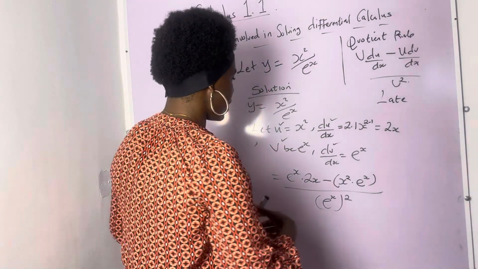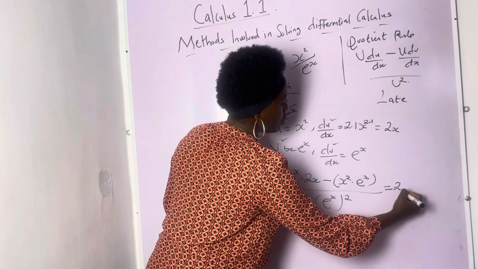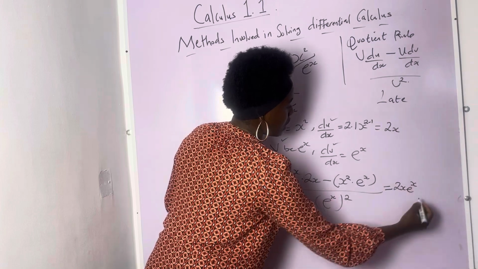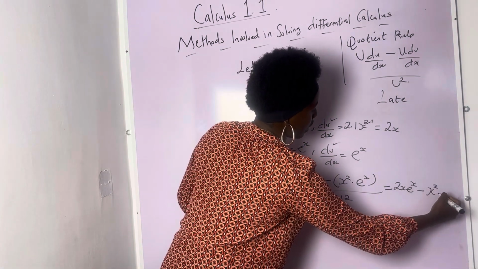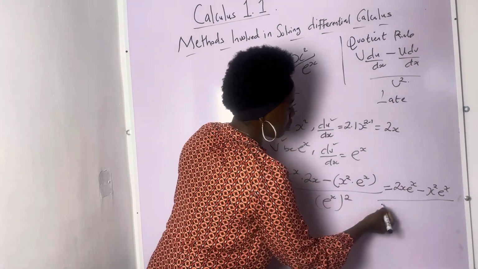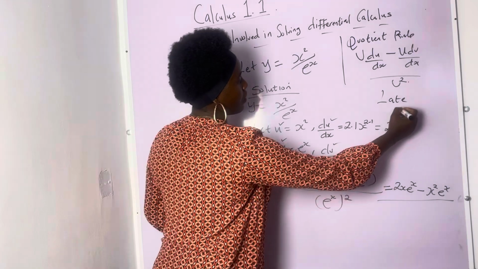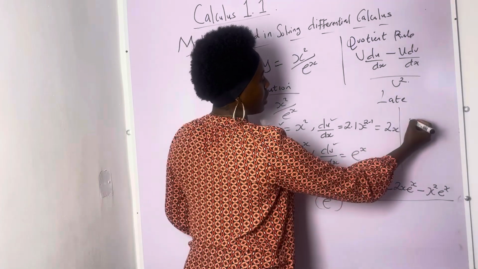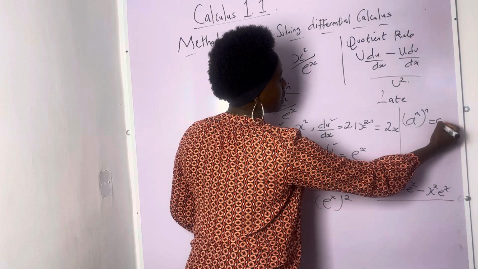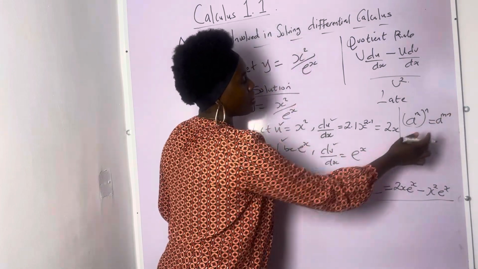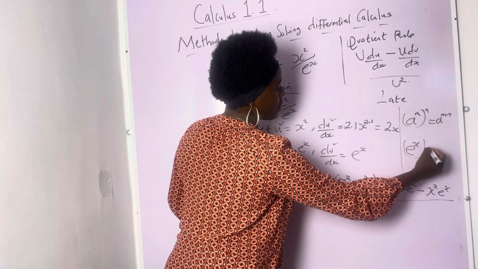All right, now let's simplify this further. We have 2x exponential x minus x squared exponential x, all over, by the laws of indices, when you have a to the power of m, all to the power of n, this is simply a to the power of mn. Now you have exponential x all to the power of 2.